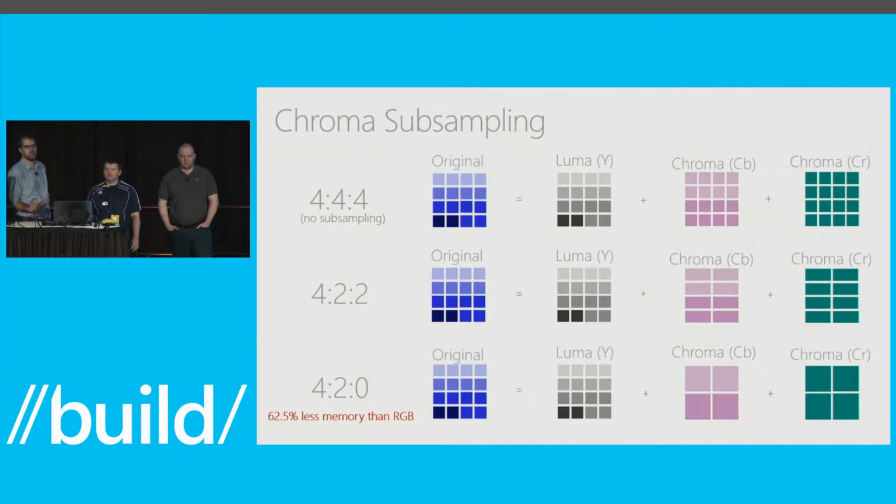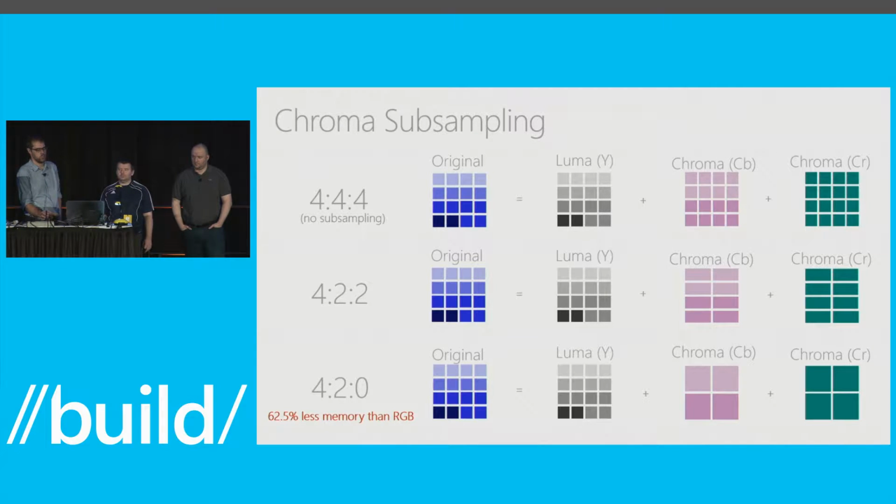So what we do when we encounter one of these JPEGs in IE11 is we actually copy over the luma and chroma channels just like this into the GPU. We don't convert them into RGB at 32 or 24 bits per pixel. We just keep them in luma and chroma representation, and that takes a bunch less space on the GPU. If you use 420 encoding, it's even better.